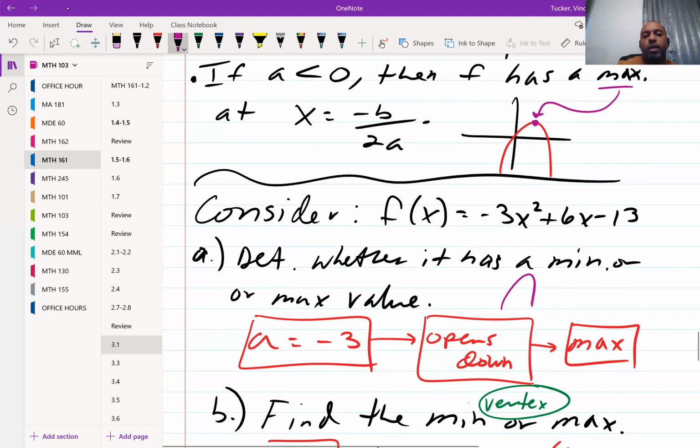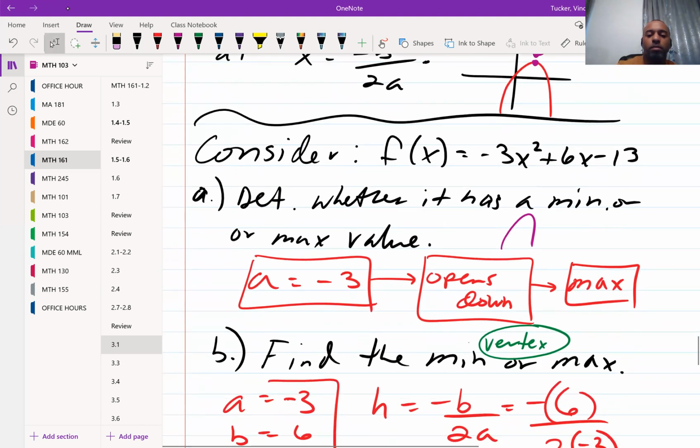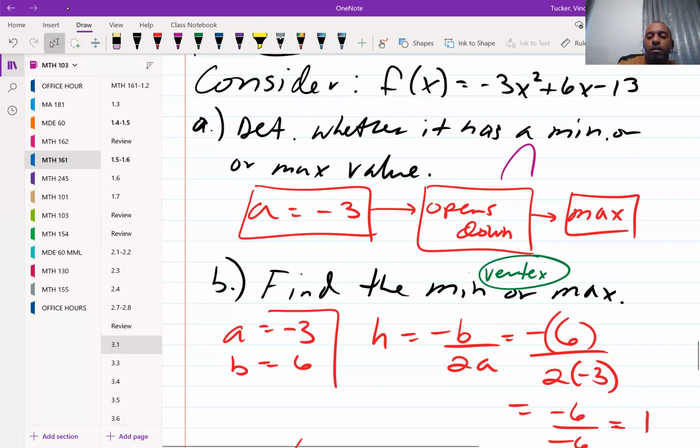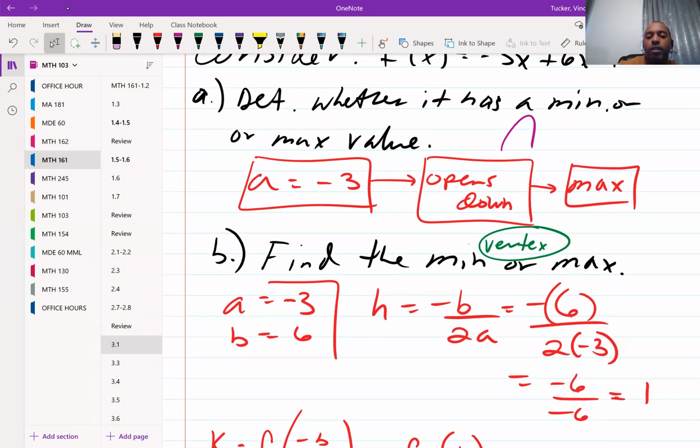Then it tells us to find the minimum or maximum, which is the vertex. So that's negative b over 2a. b is 6, so that'd be negative 6 over 2 times a, which is negative 3. Negative 6 over negative 6 is positive 1.